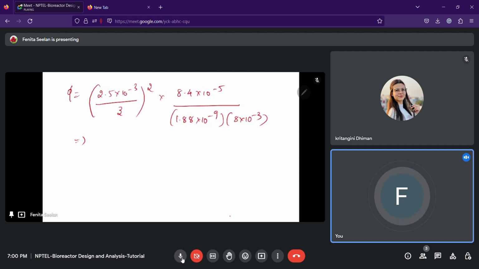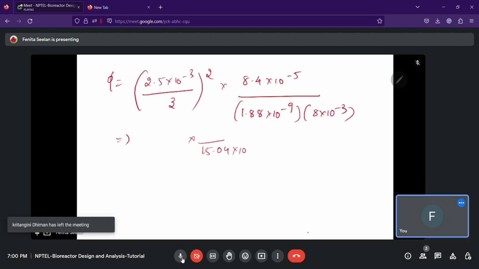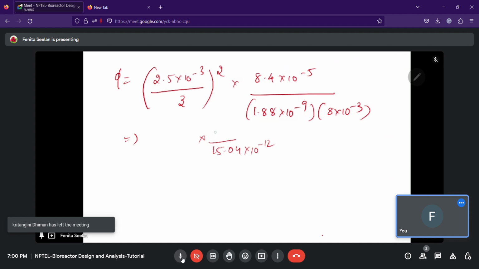What will be the answer? 0.4 into 10 power minus 5.